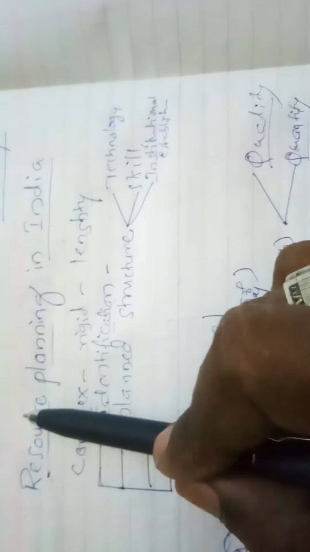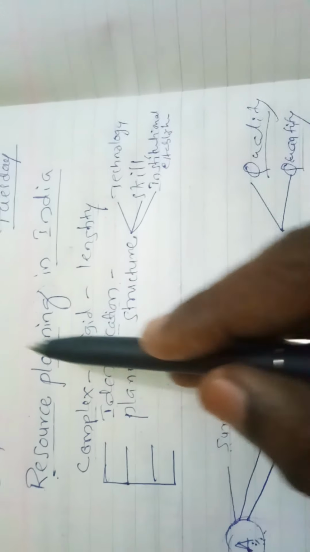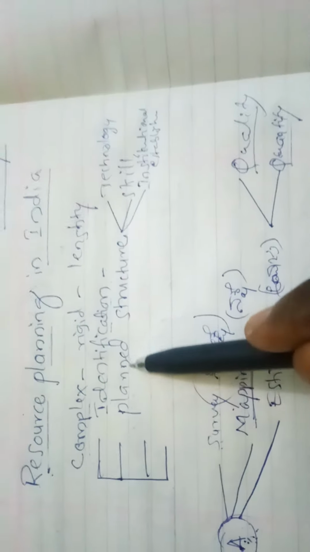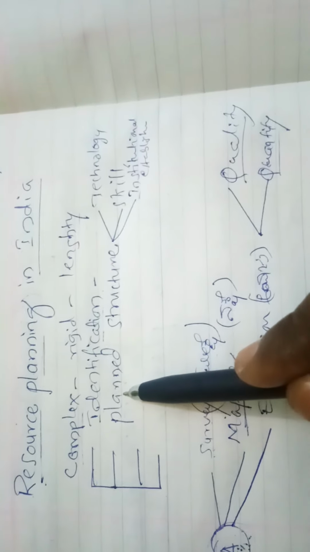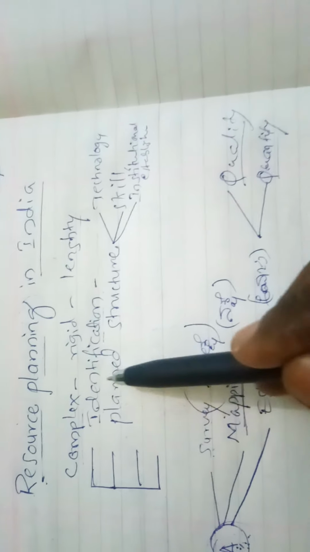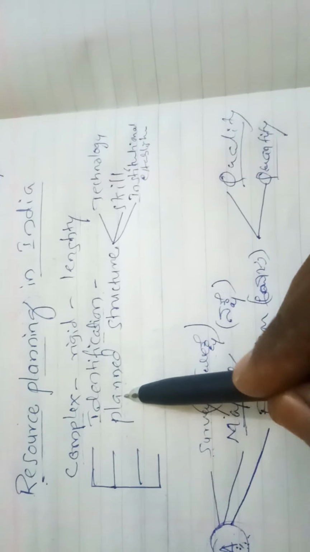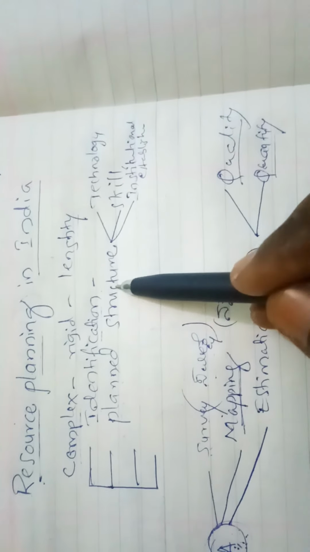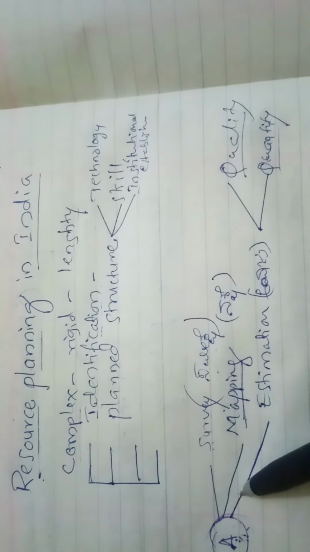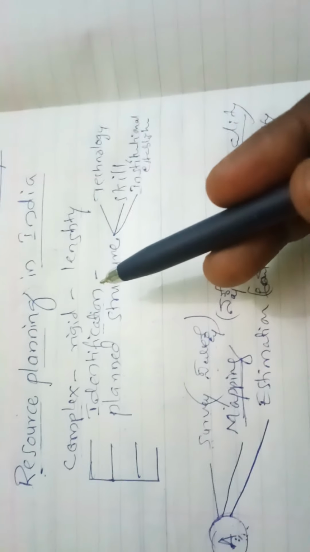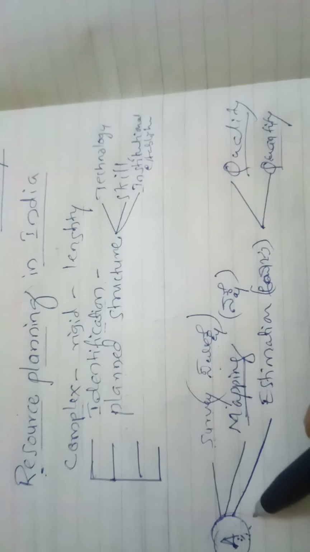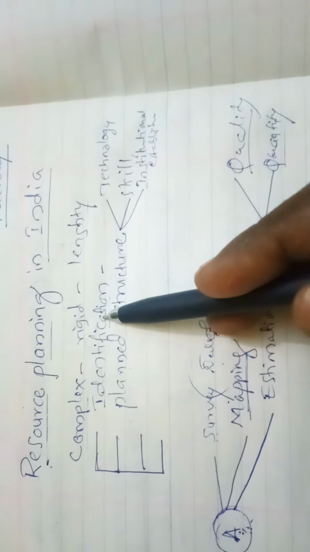So the second stage of resource planning in India includes evolving, adapting and implementing a planned structure in taking out the resource which is identified in a place.